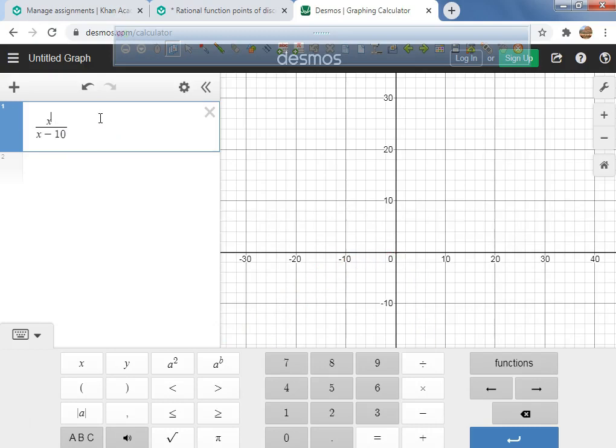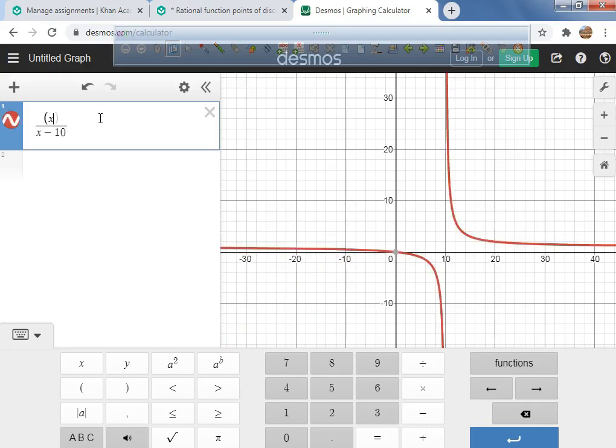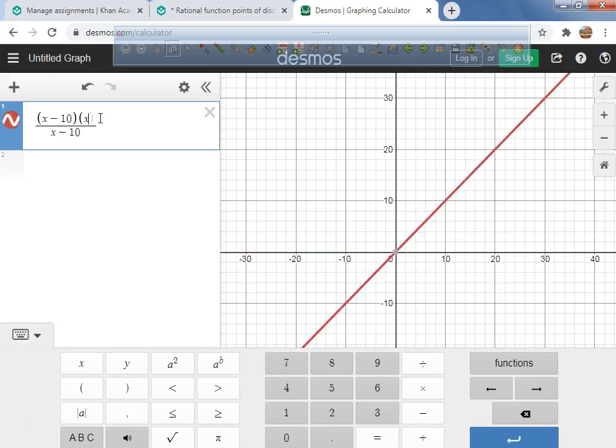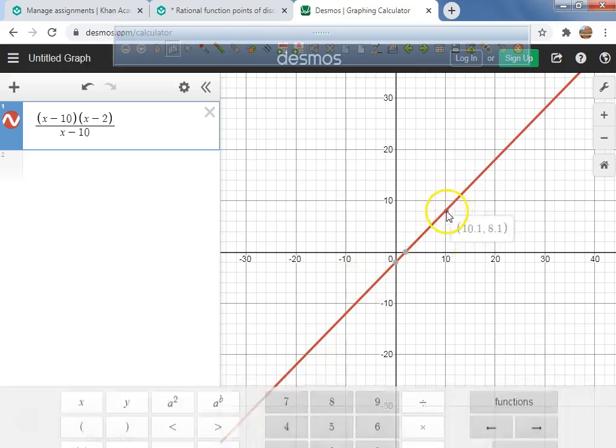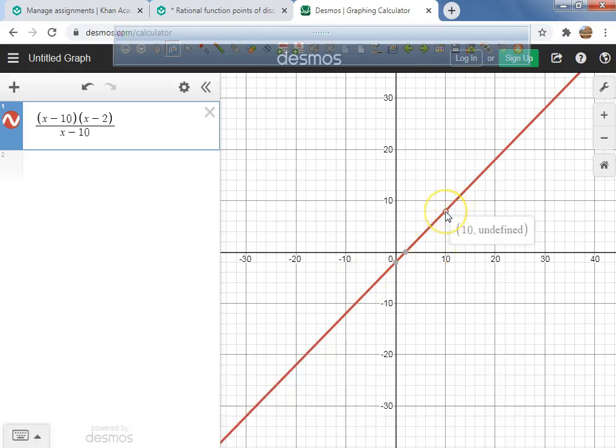I'll put the factors here, x minus 10, and then parentheses x minus 2 right there. But these cancel each other out. So it looks like we just have a hole at 10. Let's look. Hey, look, we have a hole at 10.